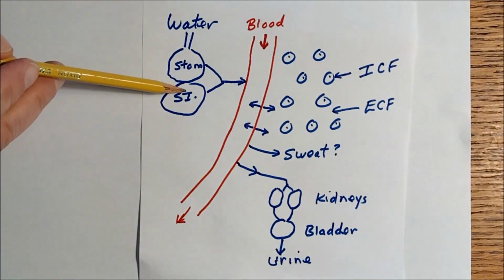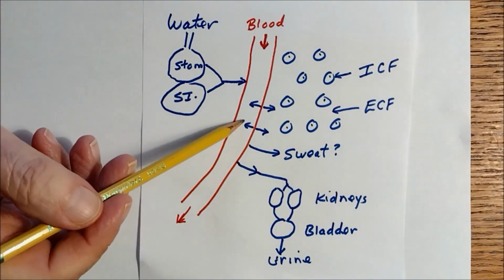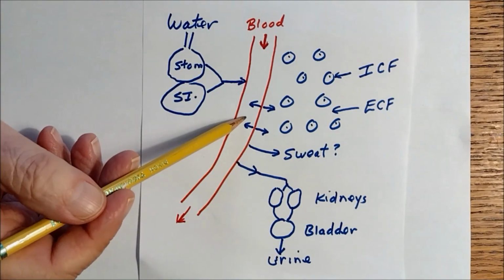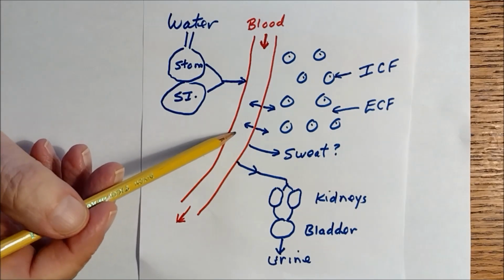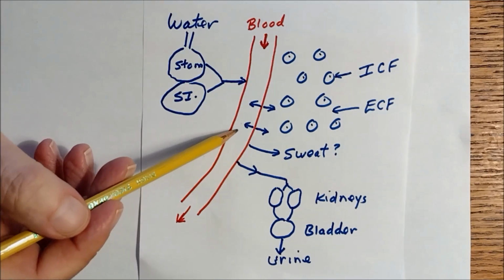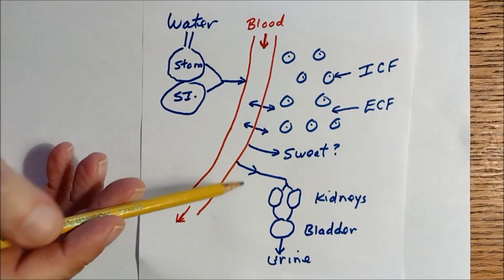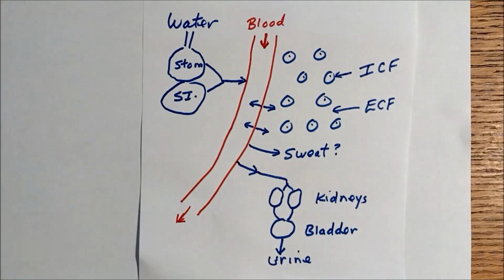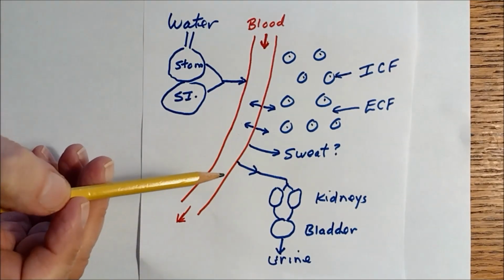So anytime that you drink water, especially a large amount of water, your bloodstream is the first to absorb it, and your blood pressure is going to go up. Why? Because the amount of blood plasma has gone up. Okay, the blood volume. As the blood volume goes up, your blood pressure goes up.